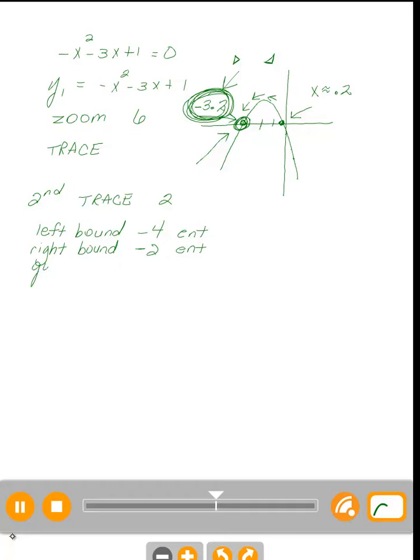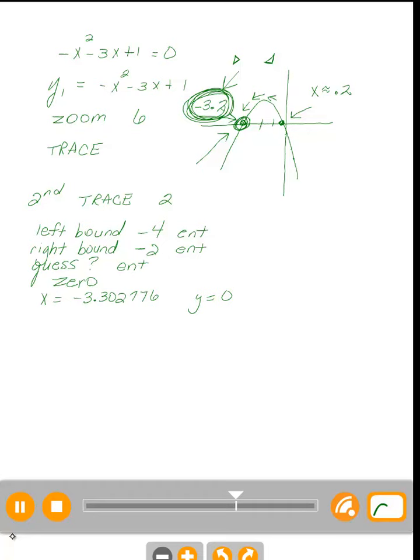It's going to ask you for a guess, and you can just press enter for the guess. When you do that, you should get at the bottom of the screen the following answer. It should say zero, and under that, x equals negative 3.302776, y equals 0.